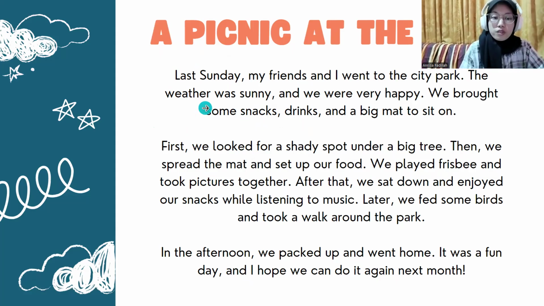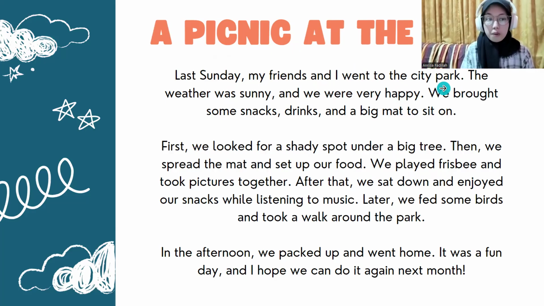Okay, let's analyze this story. Who are the characters in this story? My friends and I, that's right. So the characters in this story are my friends and I. So where did the story happen?